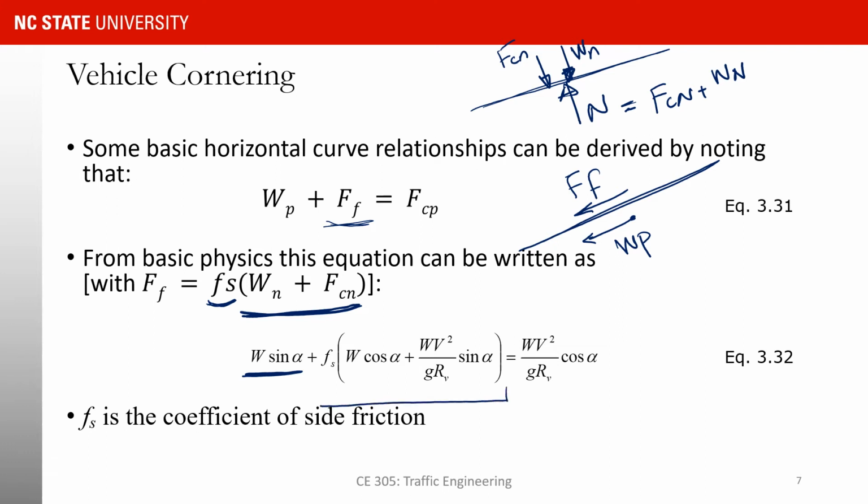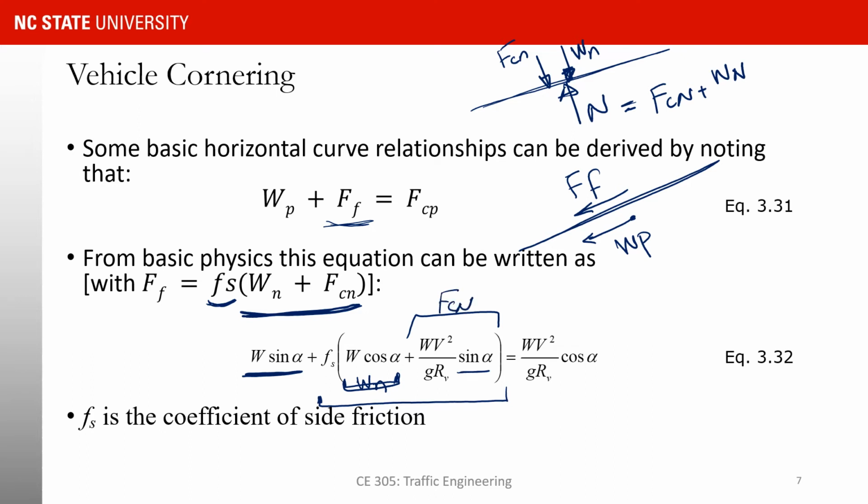Then I have this term, which is F sub S into Wn, or W cosine of alpha, and F sub Cn, or W into V square over G RV into sine of alpha. So this is F sub Cn.